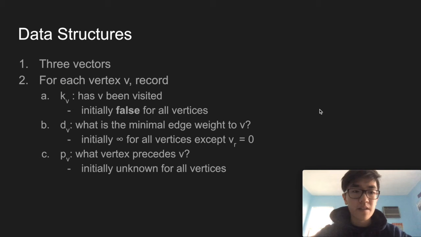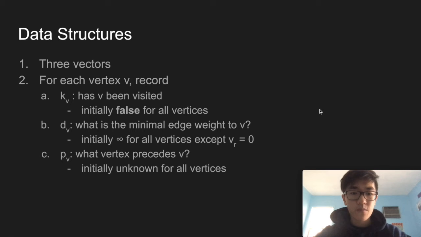So now we'll talk about some of the data structures required to implement Prim's algorithm. We will want to have three vectors, and each vector stores some metadata about the vertices. And for each vertex v, we want to record three pieces of information. First, we want to record whether vertex v has been visited, denoted by k sub v, and this is initially false for all the vertices.